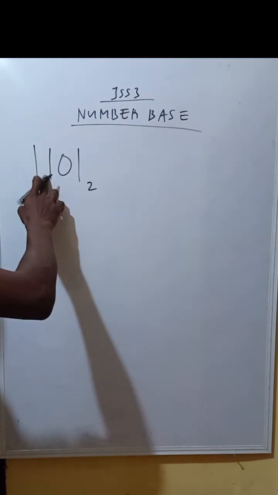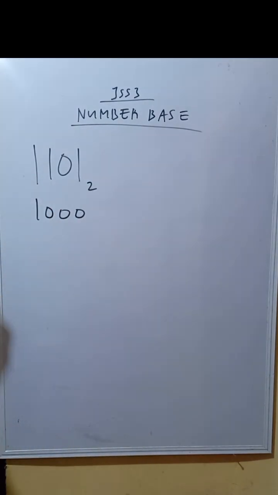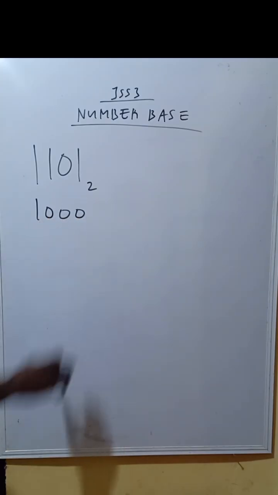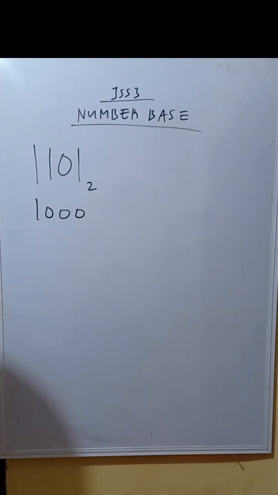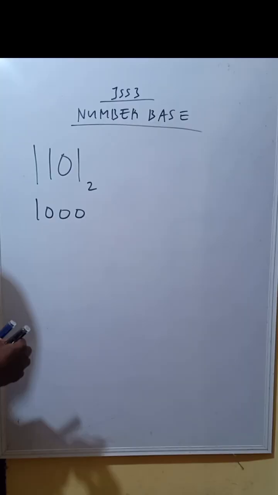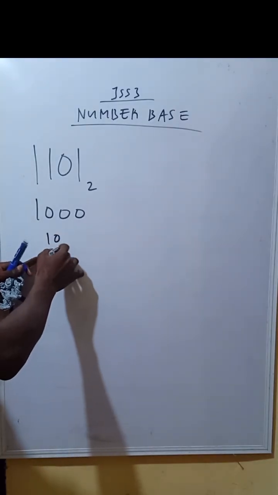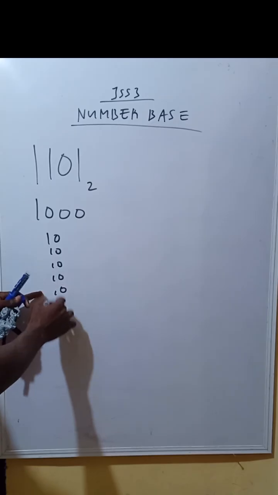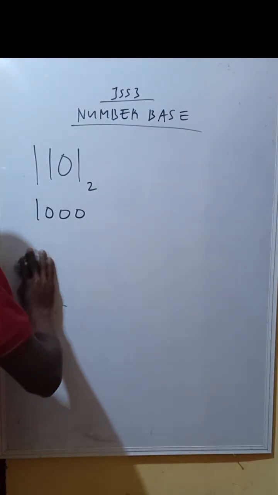No, we can't call it that because 1,000 is actually greater than 2. Remember we said that in base 2 there are two numbers, 0 and 1. So 1,000 is greater than what? 2. 1,000 is actually 10 in 10 places, hence it is in base 10.